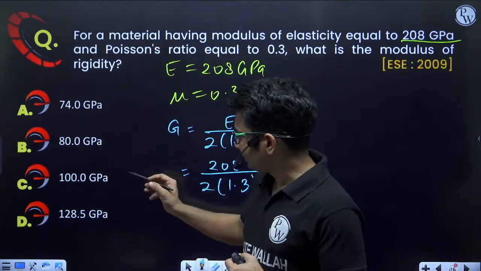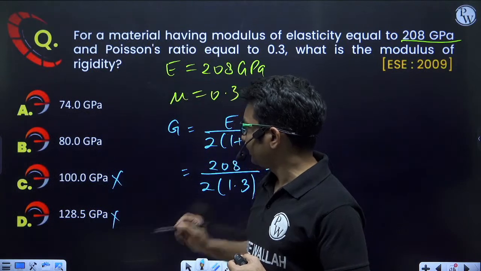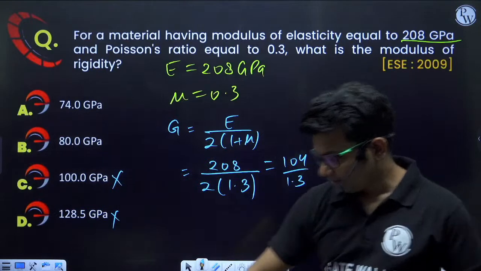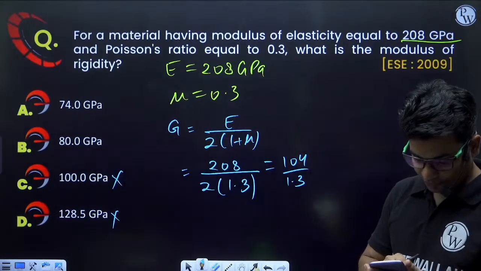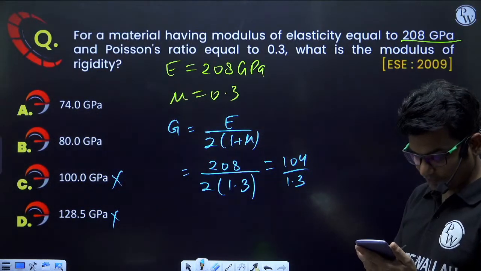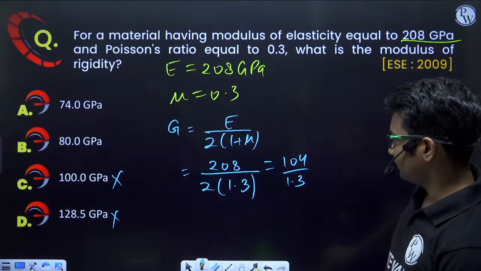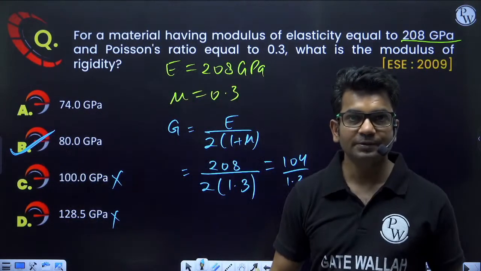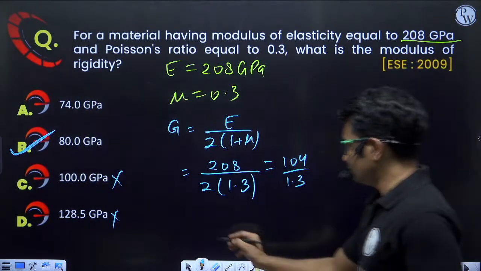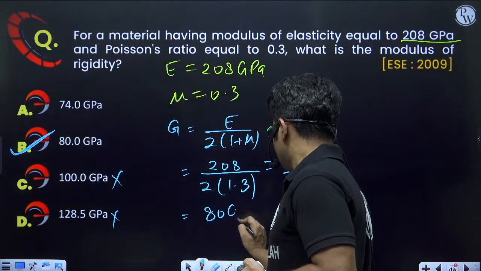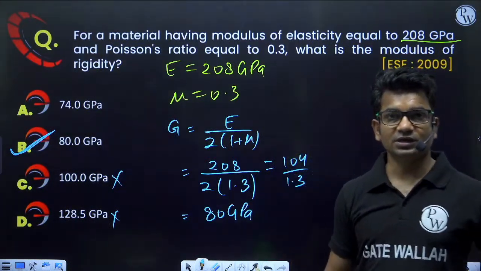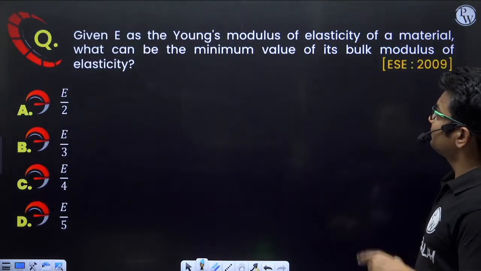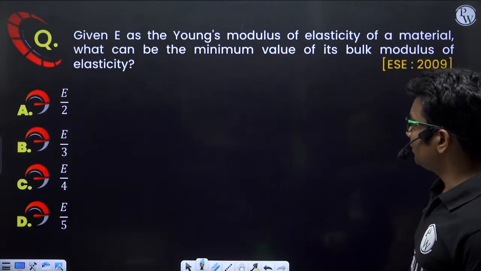It will be either 74 or 80, so we have to calculate. 104 divided by 1.3, 80 is the correct answer. Correct answer is option B, 80 gigapascal. Okay, let's move on to the next question.